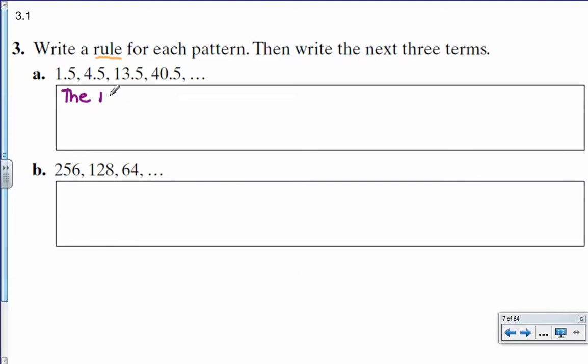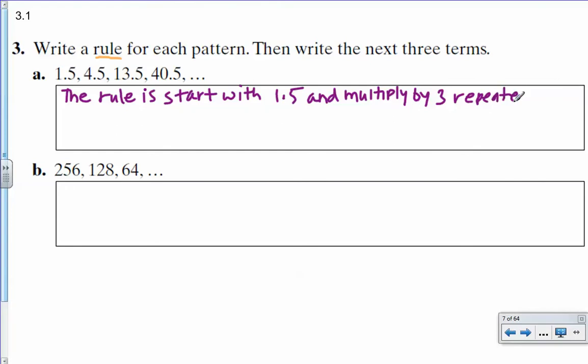I have that our rule is to start with 1 and 5/10 and multiply by 3 repeatedly. So at first when we look at this, we might think, oh, we're going to add 3.